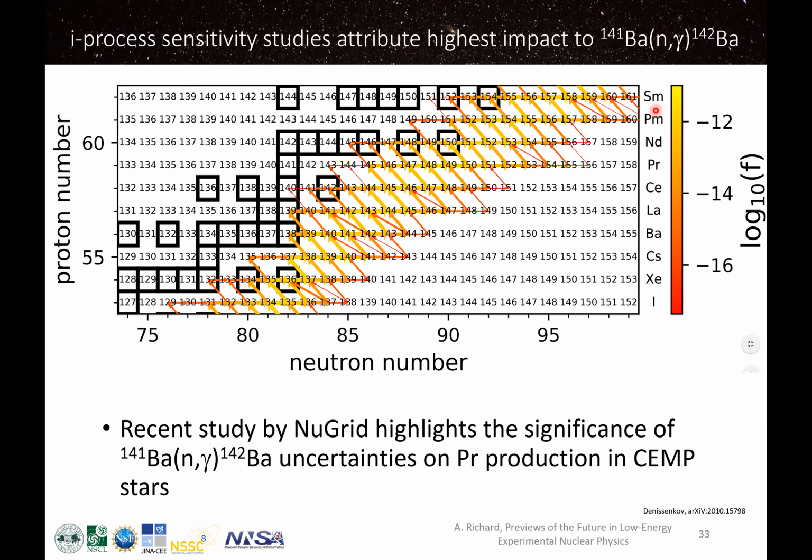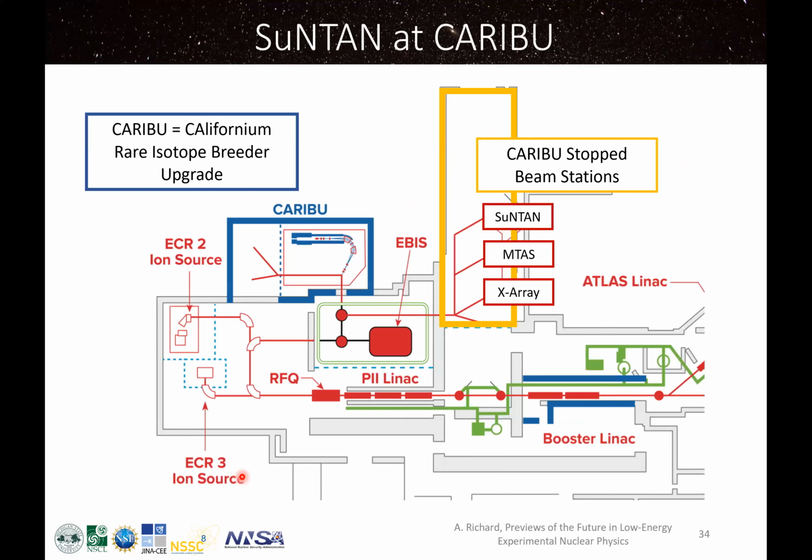And in these sensitivity studies, very similar to what I showed before, the reaction that had the highest overall maximum variation and uncertainty was actually barium-141 (n,gamma). And very fortunately, we were able to measure this with a different campaign of experiments at Argonne National Laboratory.